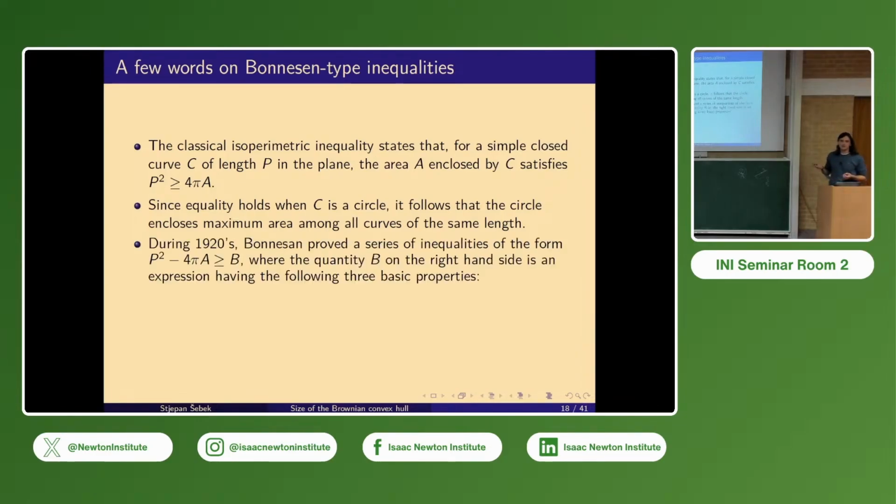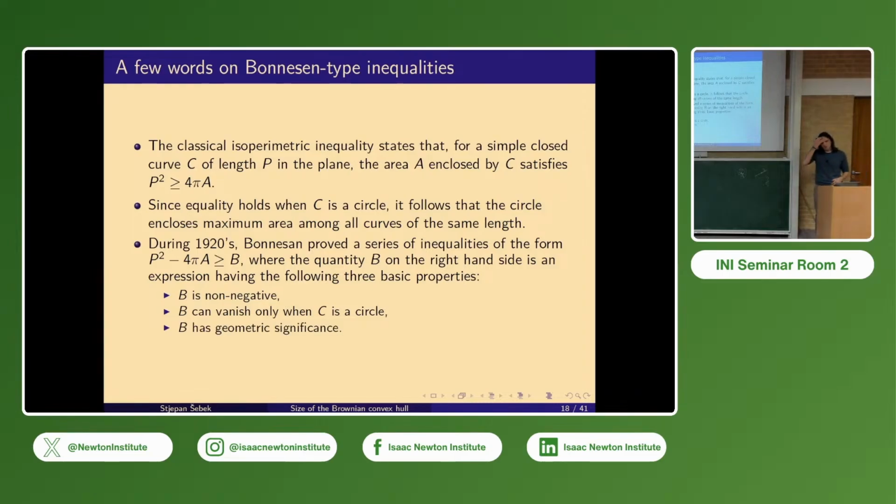Then Bonnesen developed a series of inequalities of this form: P squared minus 4 pi A is bigger than or equal to some B. Of course, this quantity B always had to be non-negative. It could vanish only for a circle, and it had some geometric significance.